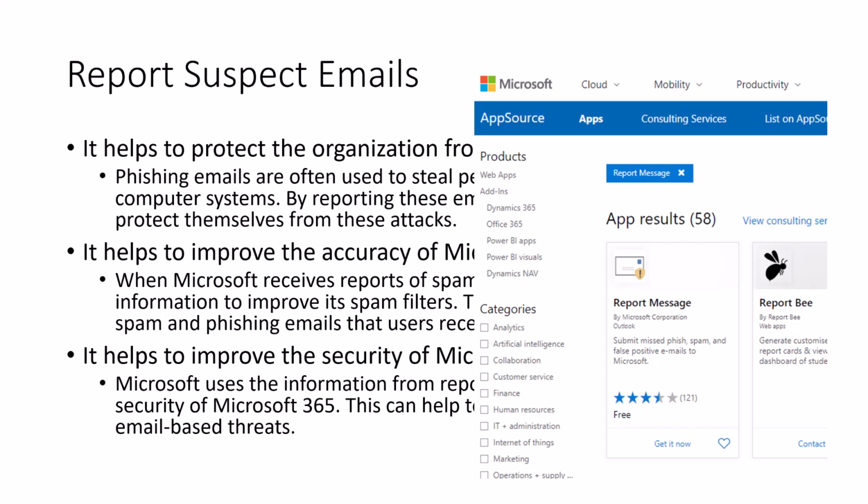We can even report it back to Microsoft. But overall, it gives the admin a great overview of the emails that the end users actually receive, and then we can react based on that.